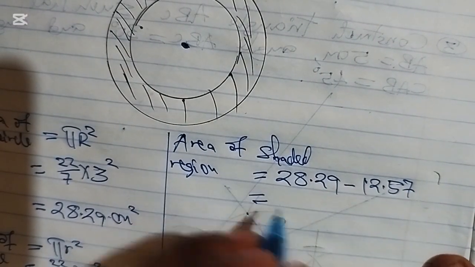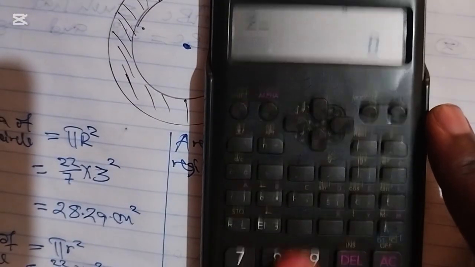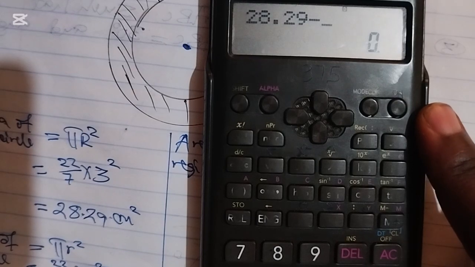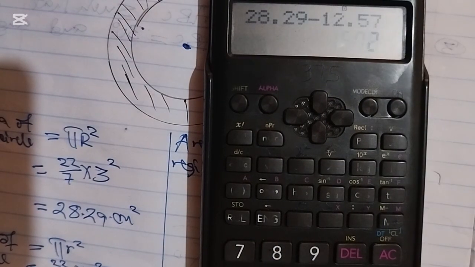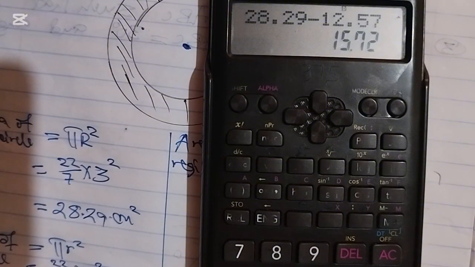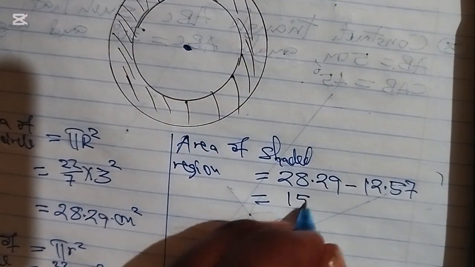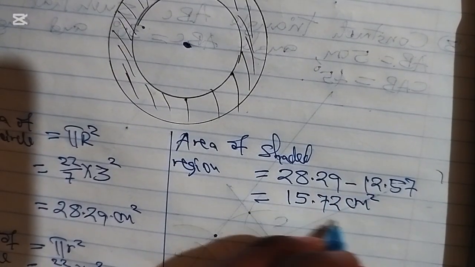When you take 28.29 minus 12.57, you are going to get 15.72 square centimeters.